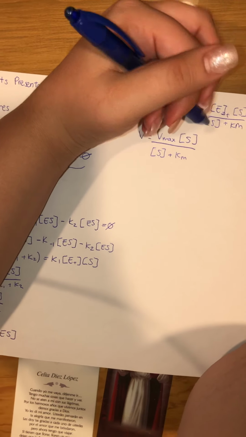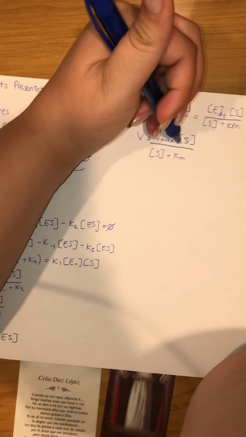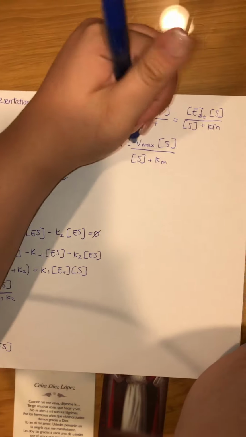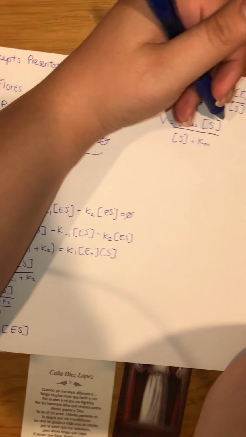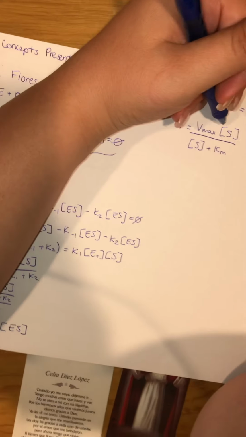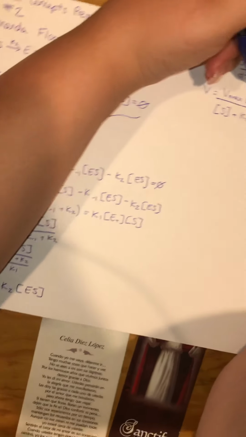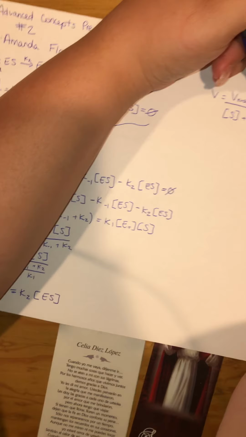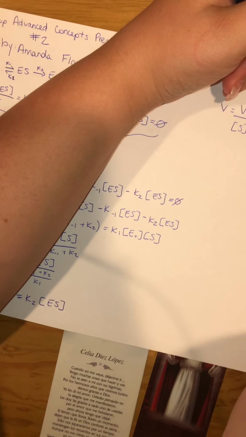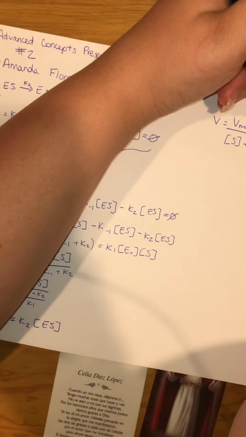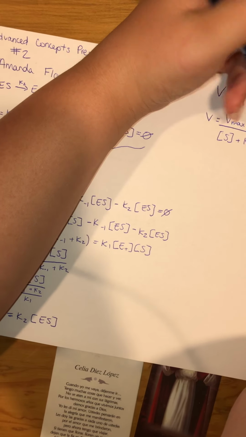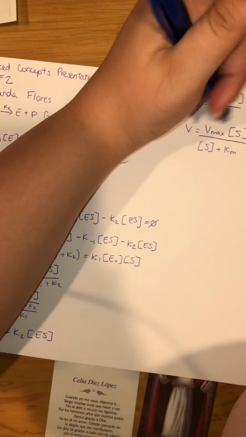So once we get this equation, which is the Michaelis-Menten equation, we can simplify this one to be able to kind of find more reactions easily.